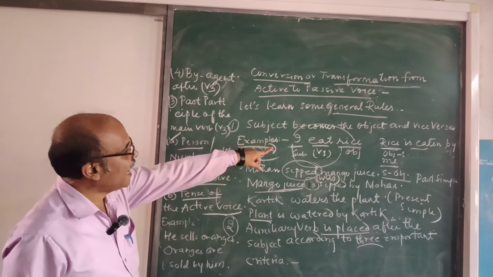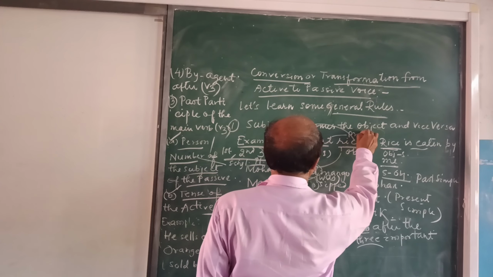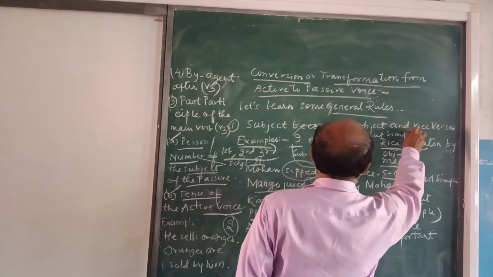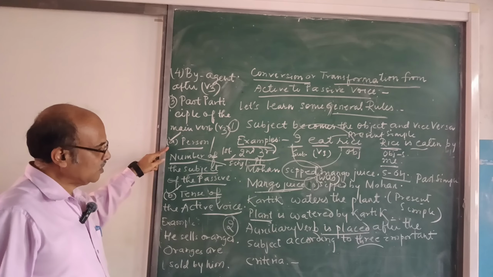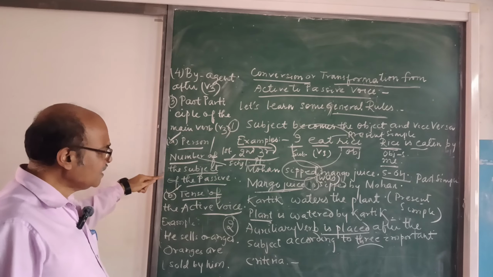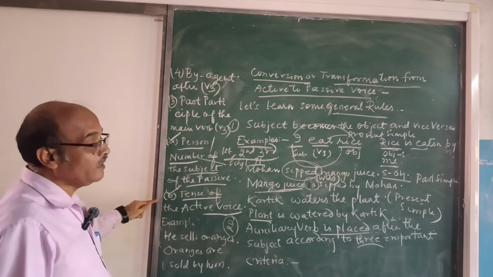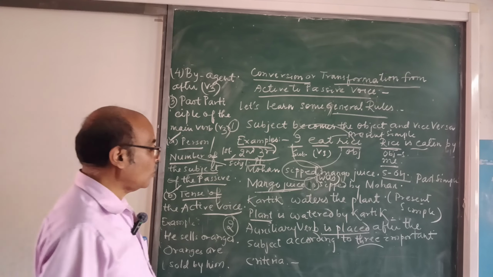Here, I eat rice. This is also your present simple tense. So, three things you have to see. First is the person of the subject of the passive voice, number of the subject of the passive voice, then comes the tense of the active voice, and accordingly you have to place your auxiliary verb.